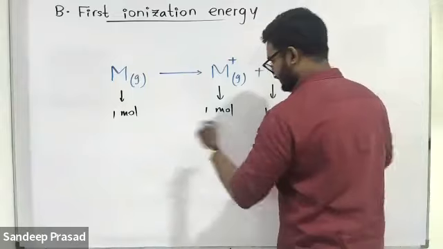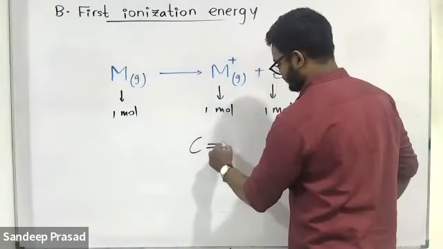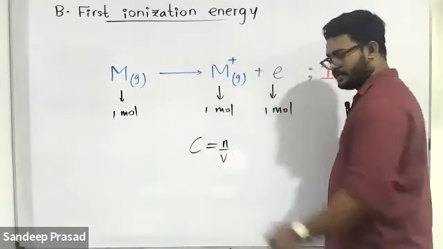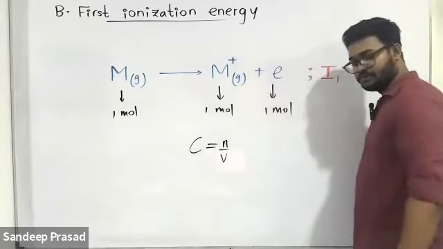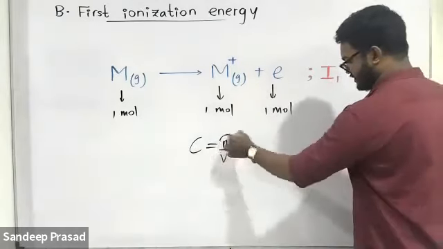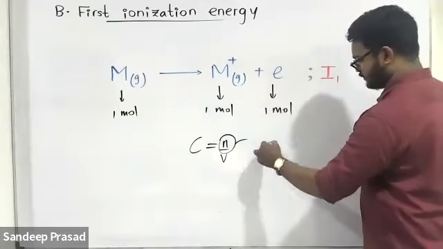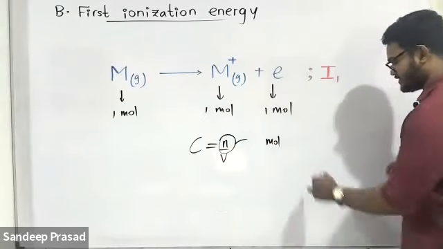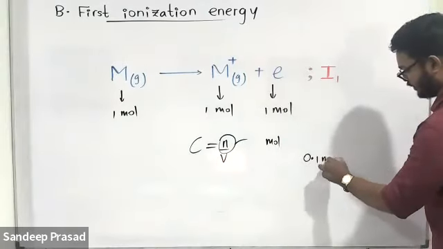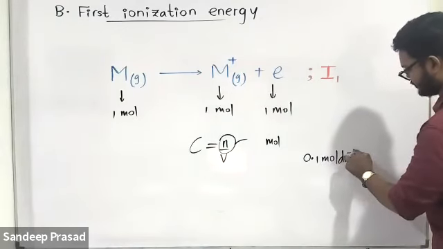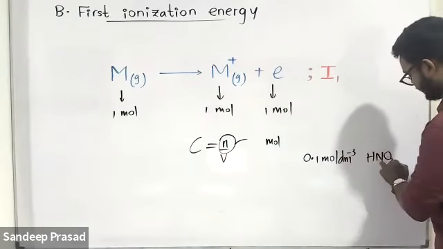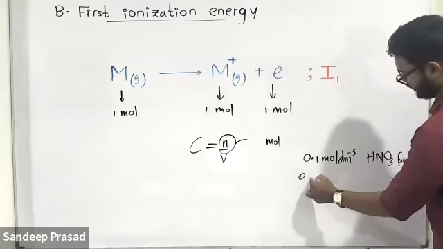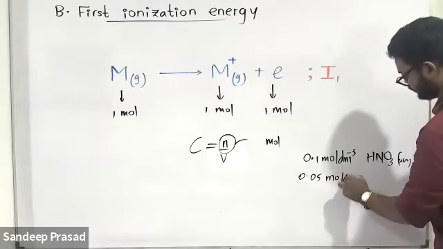In future, we are going to learn the equation C = n/V: concentration is equal to number of moles divided by the volume. Normally, concentrations are given as 0.1 moles per cubic decimeter HNO3 aqueous solution, and 0.05 moles per cubic decimeter H2SO4 solution.